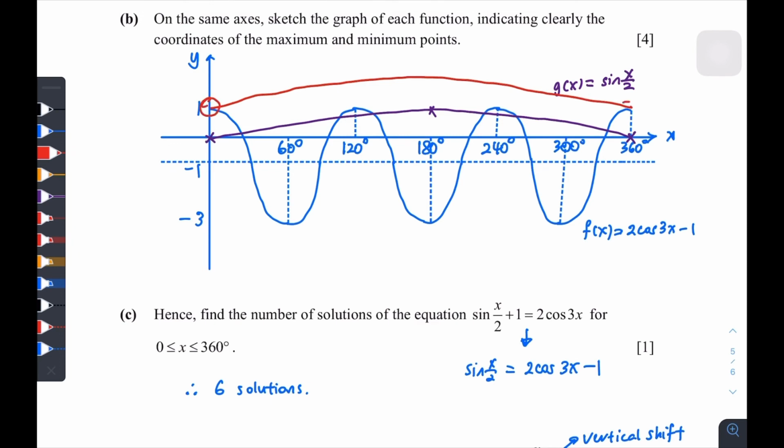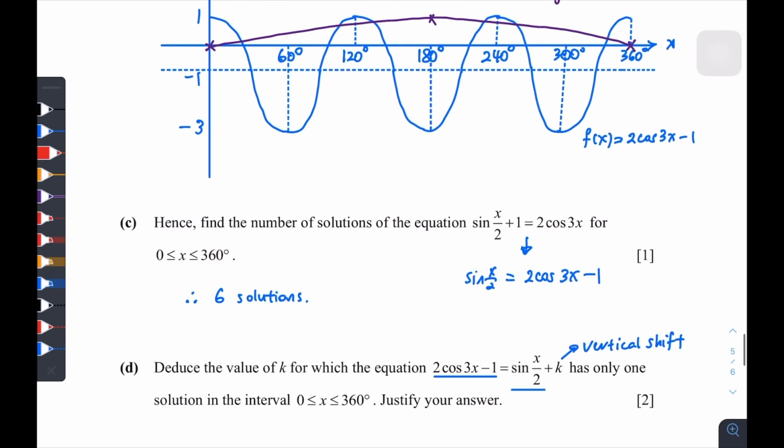One solution, two solutions. If we move the graph up, it will be sine x over 2 plus 1, because we move up by 1 unit. So where should we get that one solution? It's actually over here, and then it comes down again over here.